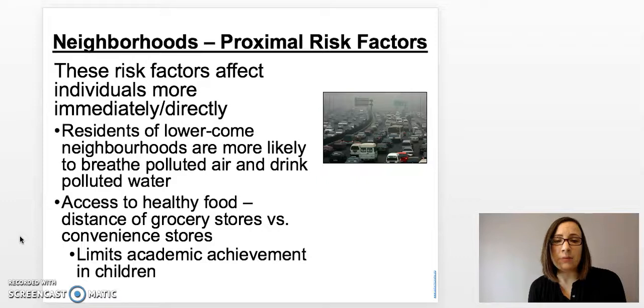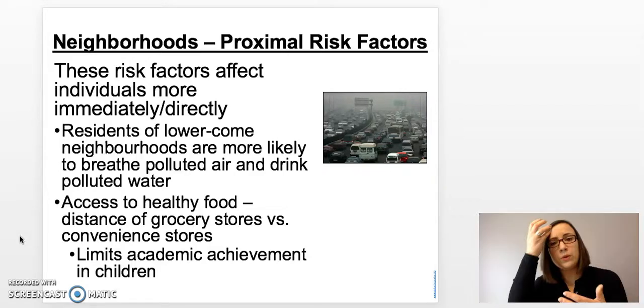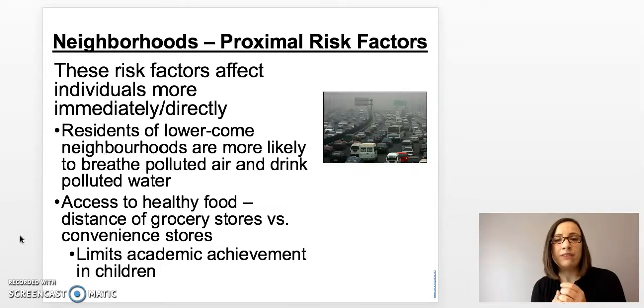We see that these neighborhoods generally have less access to healthy food. Grocery stores are a little bit further away in these kinds of neighborhoods. And we see that things like convenience stores are generally more prevalent in a lower income neighborhood. And a convenience store would usually not have the kinds of healthy food that a grocery store would have access to. Now, again, we know the relationship between academic achievement in kids and a good, healthy diet.